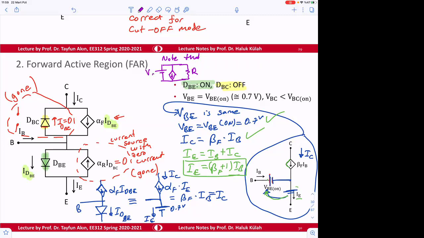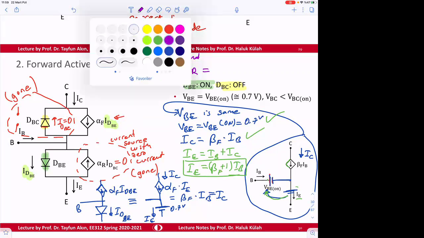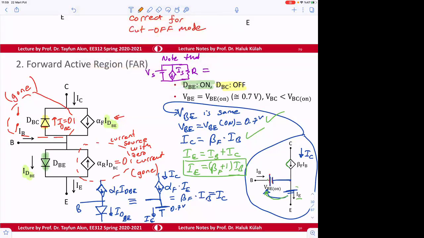The V source or the I source? The voltage source is dominant. So the current source can be cancelled, ignored, and this is going to be similar to this one.